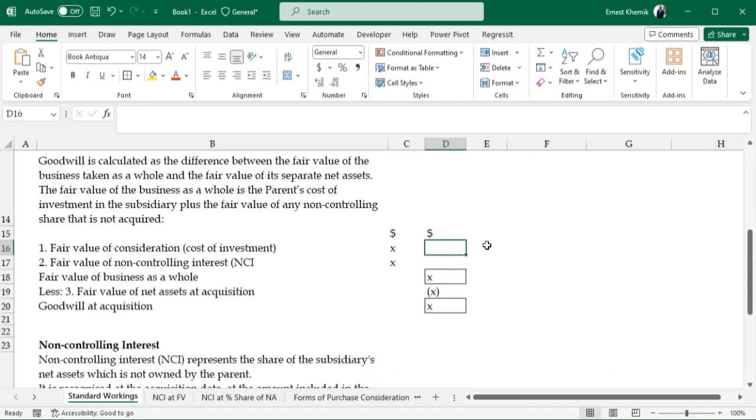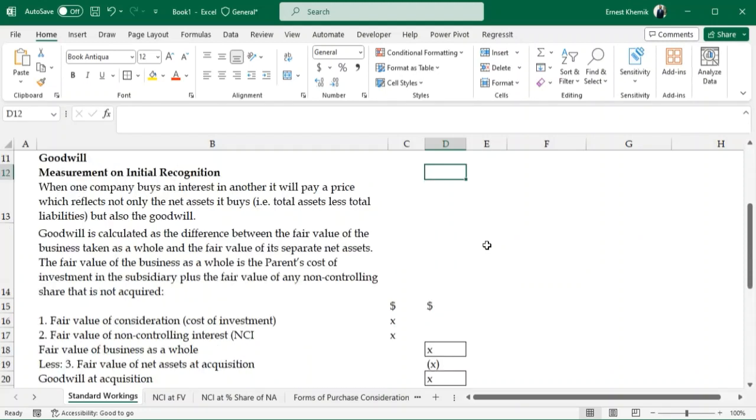So that's what I want you to get. All right, so usually the price that a parent pays for a subsidiary is not only the value of the assets making up the business, but also other factors, and one of them, or a major part of that, is what we call goodwill.